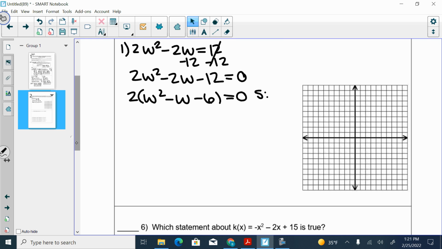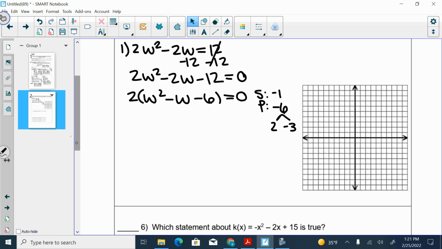Okay, so now I look for my sum and my product. What are those? Nice. Okay, so now I have to think, what numbers will multiply to give me negative 6 and add to give me negative 1? Nice.